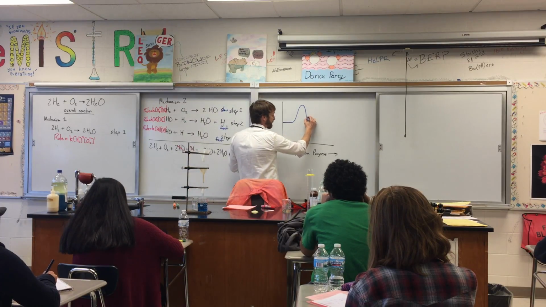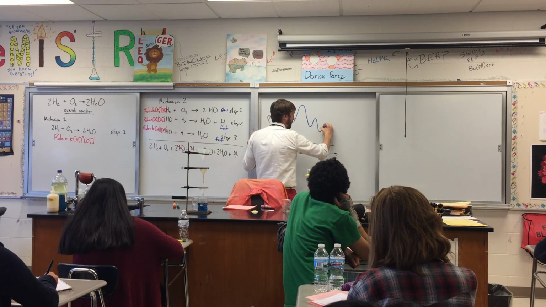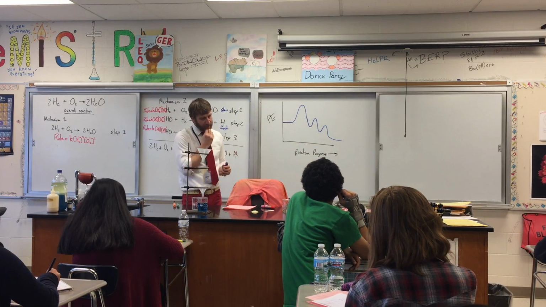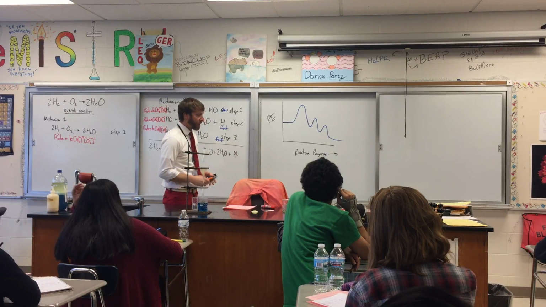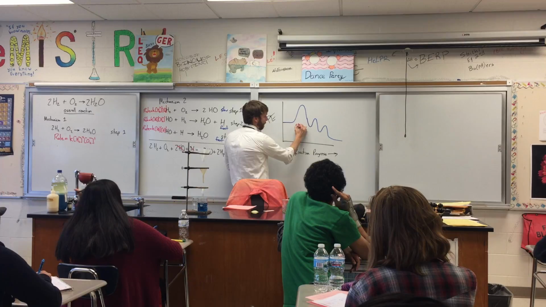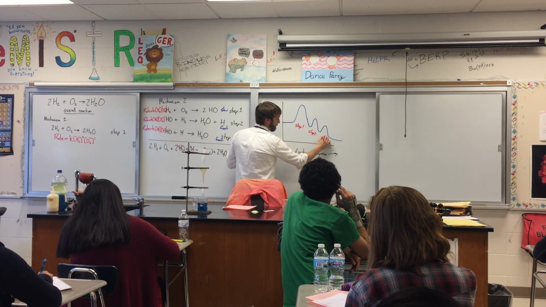Right? So it's possible that for this reaction, you might have a reaction coordinate or a reaction path that looks something like this. And the bumps are each describing one of these steps. So this would be step 1, step 2, and step 3.